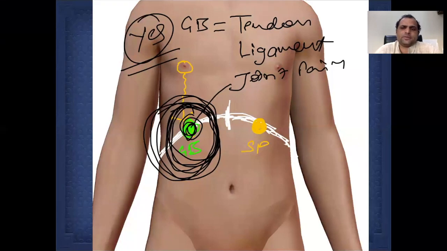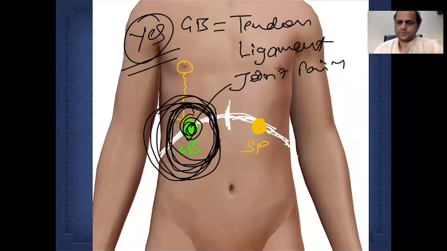I treated the gallbladder, and next day he told, after many years, first time, I am able to keep my leg on the floor. I don't even want to know why he is not keeping the leg. I am just doing the abdominal diagnosis. Whatever output comes, I am treating, and we can see the results in the patients.